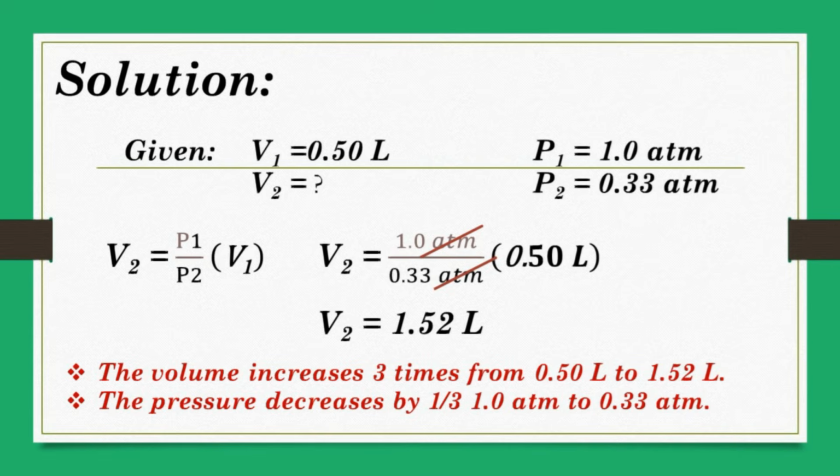P1 is 1.0 atmosphere, P2 is 0.33 atmosphere, and V1 is 0.50 liter. The final volume is equal to 1.52 liter. We can see that the volume increases 3 times from 0.50 liter to 1.52 liter, while the pressure decreases by 1/3 from 1.0 atmosphere to 0.33 atmosphere.